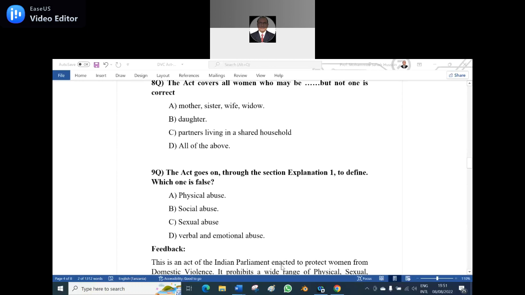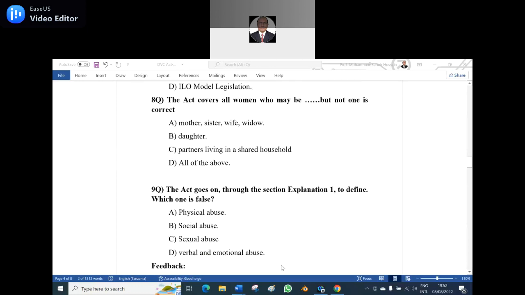Good. Ninth question. The Act goes on through the sections, explanation 1, to define which one is false. Option A, physical abuse. Option B, social abuse. Option C, sexual abuse. Option D, verbal and emotional abuse. Option B, social abuse.